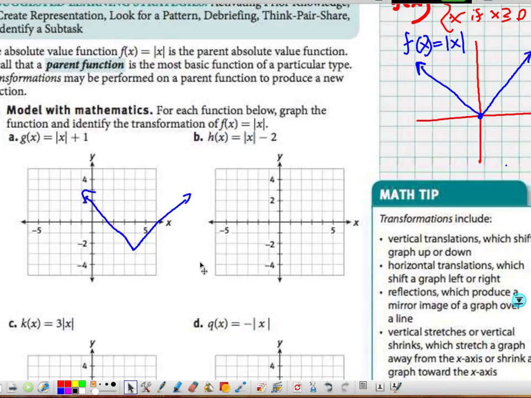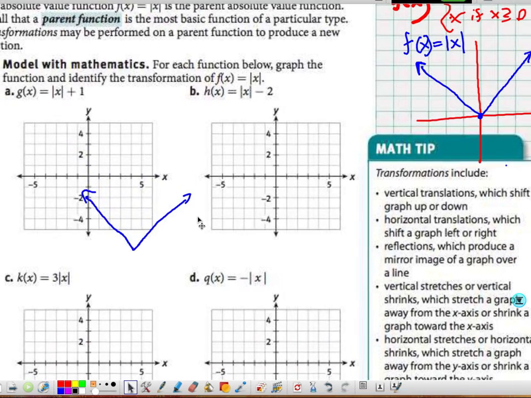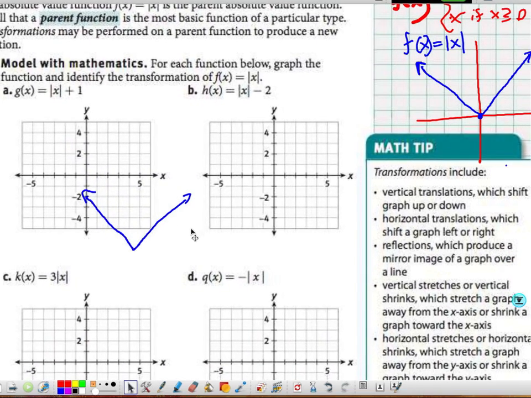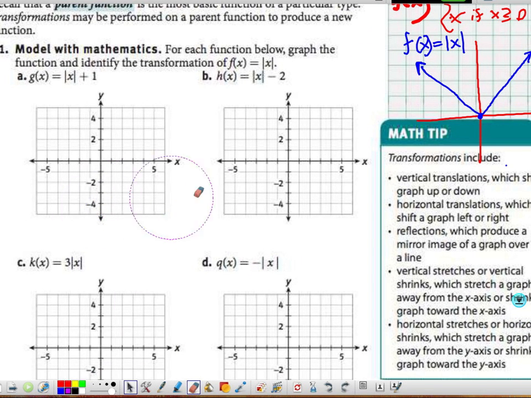Well, the transformation is, it was a vertical translation. Here's my graph again, right there. It's a vertical translation which moved the graph up 1 unit. Here, when I graph this, it's going to give me something else.